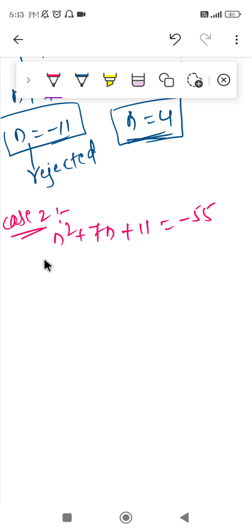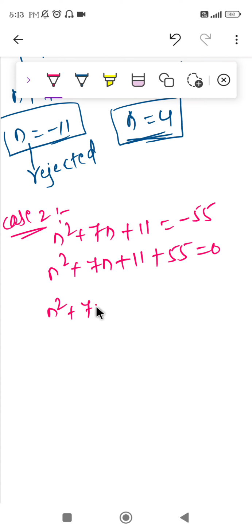And then if we solve this one, n square plus 7n plus 11 plus 55 is equal to 0, then it will be n square plus 7n plus 66 is equal to 0. And this we cannot solve by factoring as we did previously.